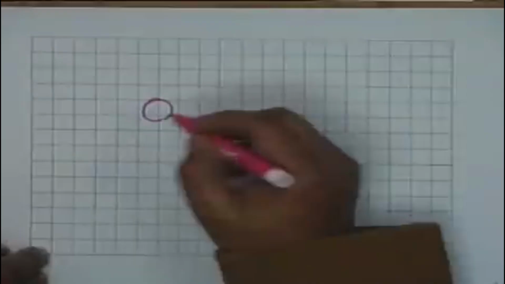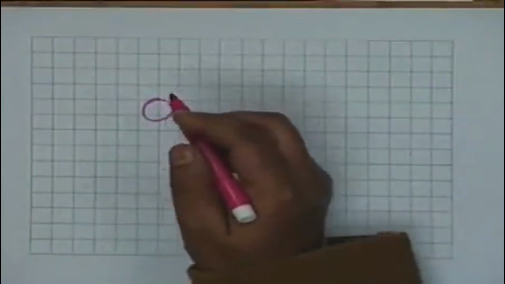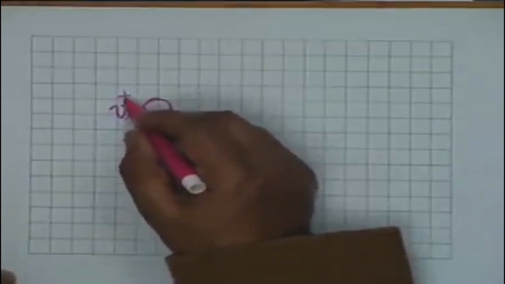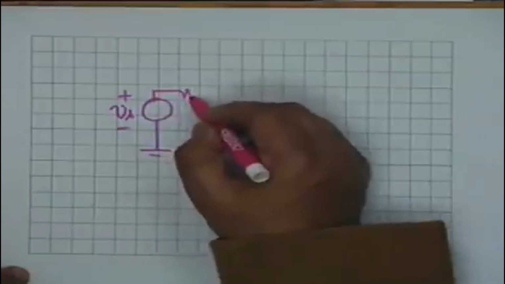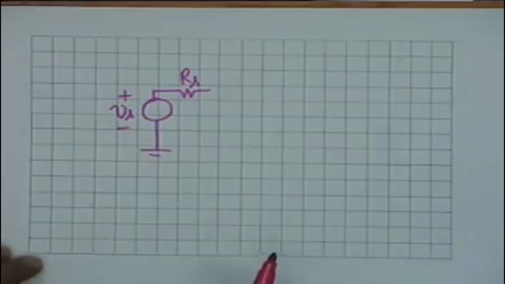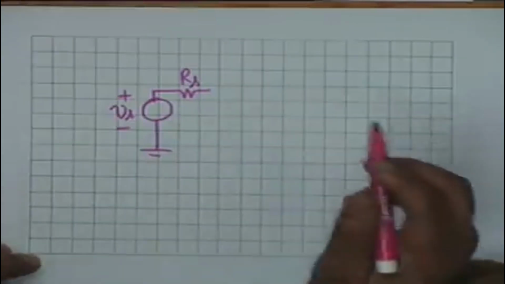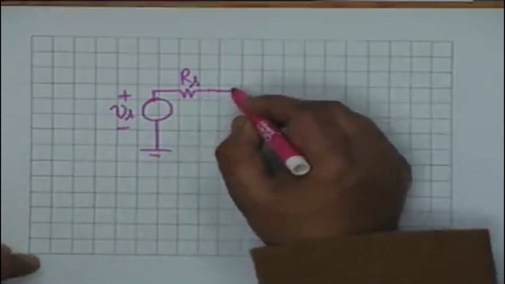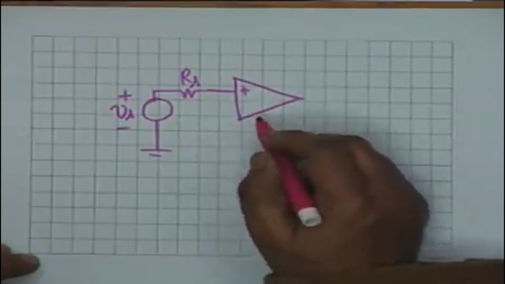Let us consider now another circuit as an example of application of the op-amp. Let us have a voltage source Vs in series with its internal resistance, say Rs. We have a voltage source which is not ideal, which has an internal resistance Rs, and we connect it to the non-inverting terminal of the op-amp.